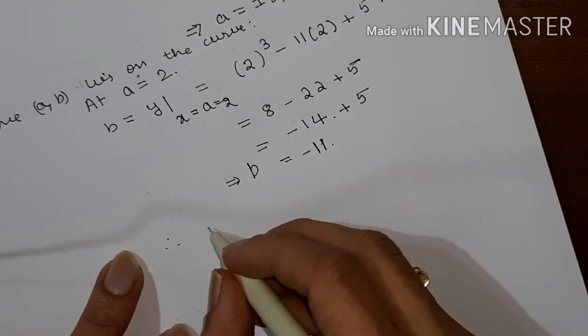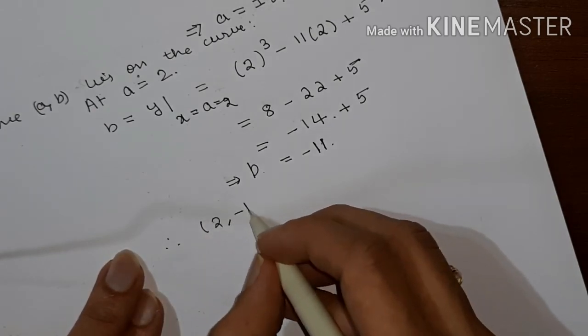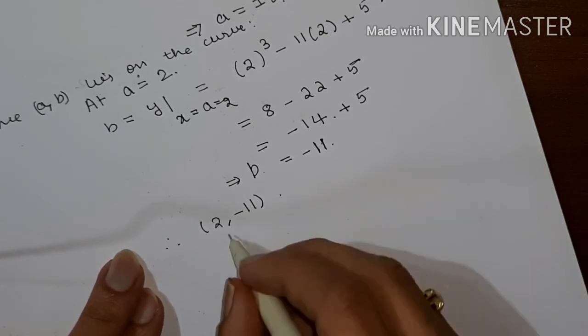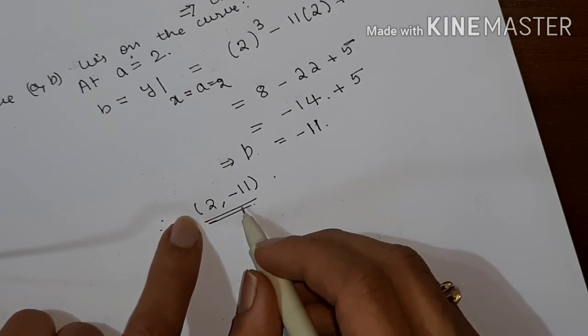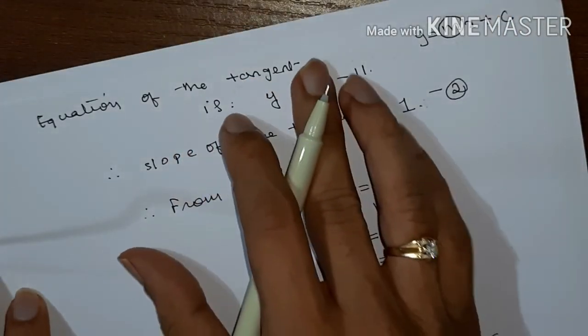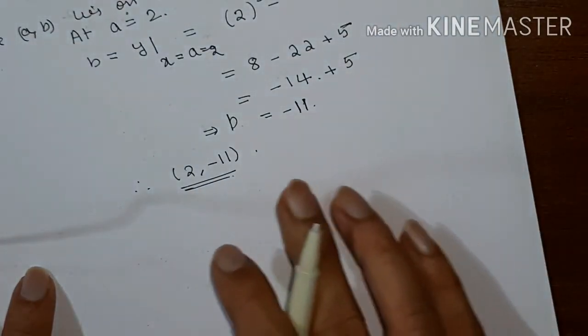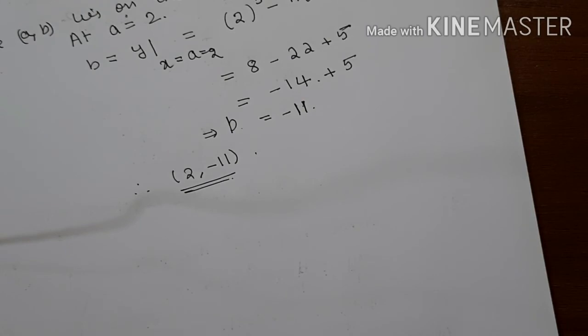Now the point is (2, minus 11), but we have to check whether this point satisfies the equation of the tangent, because this point also lies on the tangent. The question was to find the point on the curve at which the tangent is given.